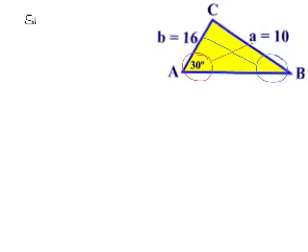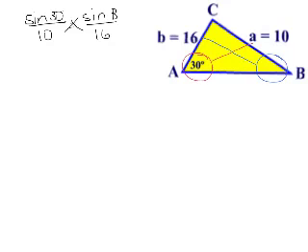All right, so I have the sine of the A pair, so sine of 30 degrees over 10 is equal to the sine of B over 16. At this point, I'm going to cross multiply, so I have 10 times the sine of B is equal to 16 times the sine of 30.